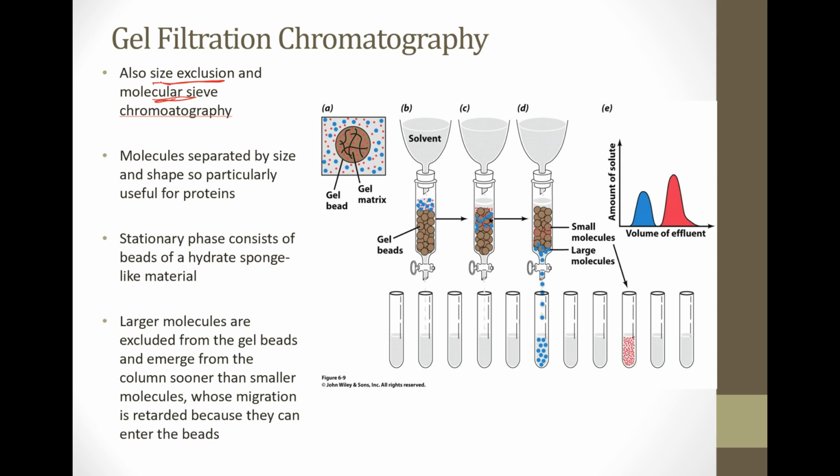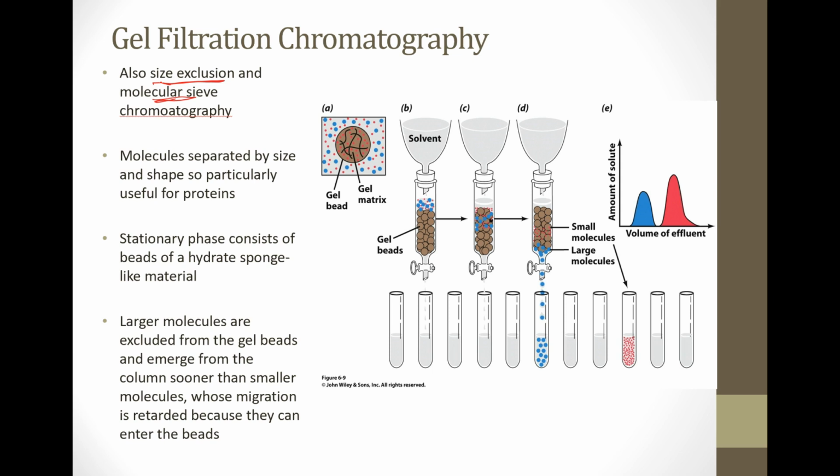So the stationary phase in this particular case is a hydrated sponge-like material, which is porous. And that porosity has a fairly defined window, so that large molecules are excluded from interacting with the surfaces of these beads, and smaller molecules get hung up in those pores in the beads and are retained.